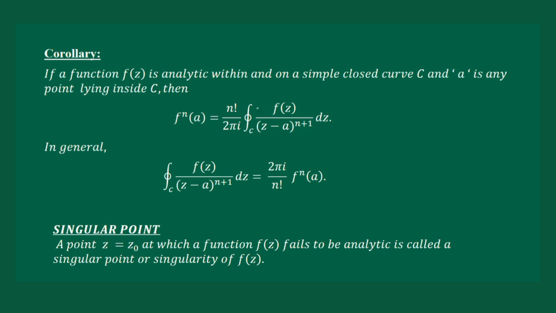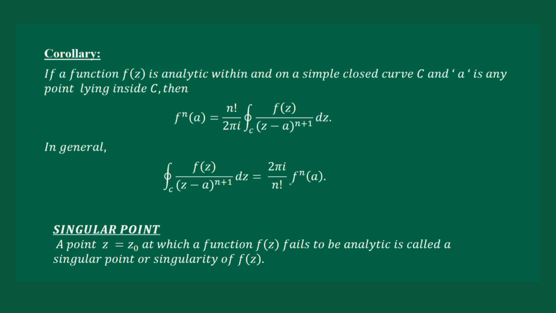Then the integral of f of z by z minus A whole to the power n plus 1 dz becomes the left hand side, which is equal to 2 pi i divided by n factorial into f n of A. So if you want to evaluate any function where A is the singular point inside the curve C, we can apply this corollary, or we can apply the previous theorem also.